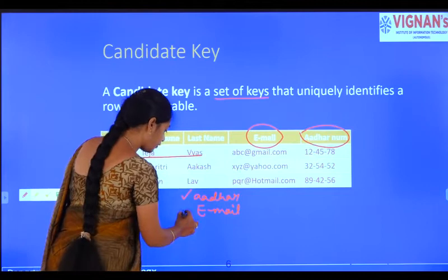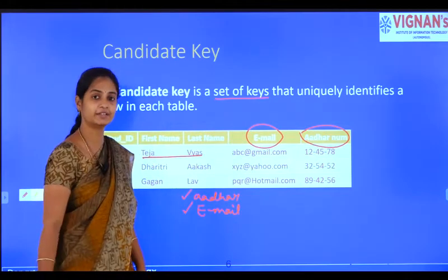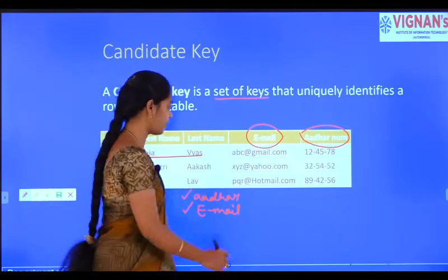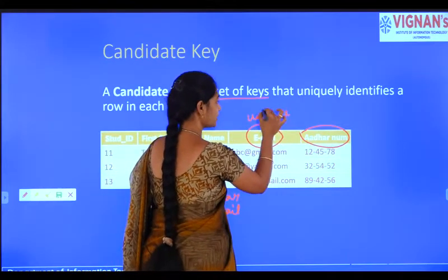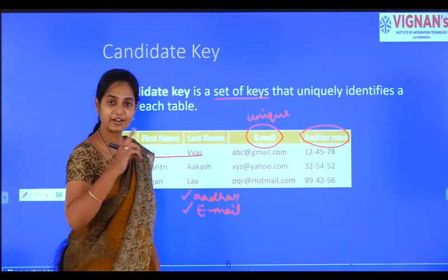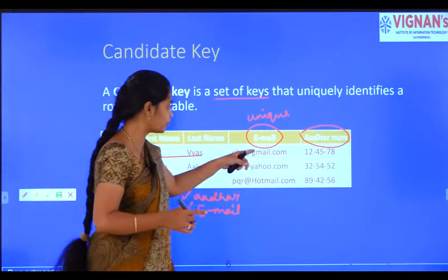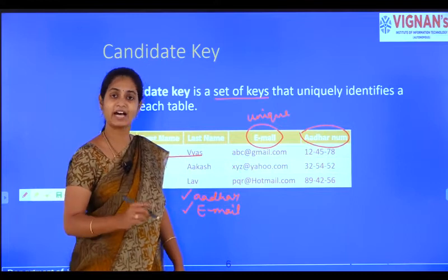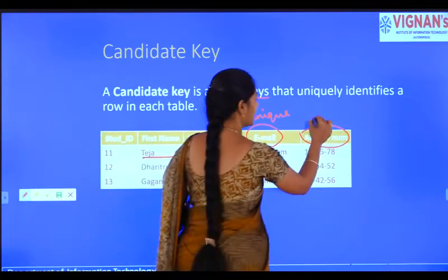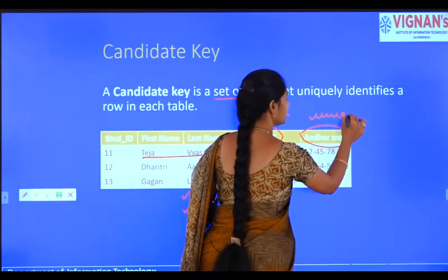So email also can become a key here. Why? Because email will also be unique, as an email ID cannot be duplicated. One email account cannot be possessed by other persons. Even Aadhaar number is also unique.